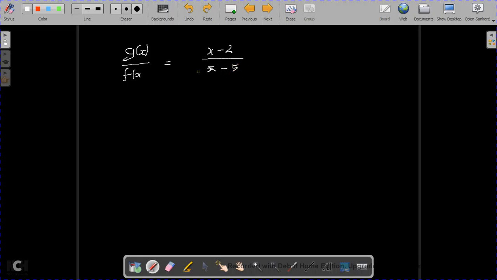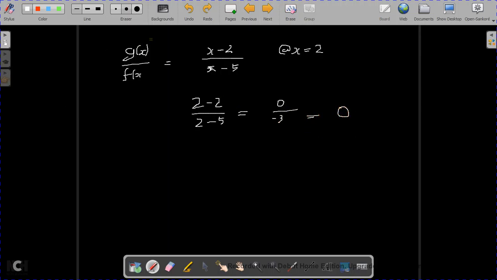Denominator can't be 0, so x can't be 5. But the top one, let's say at x equals 2. At that point, we have 2 take 2 over 2 take 5. 2 take 2 is 0, over 2 take 5 is minus 3. That's just 0.